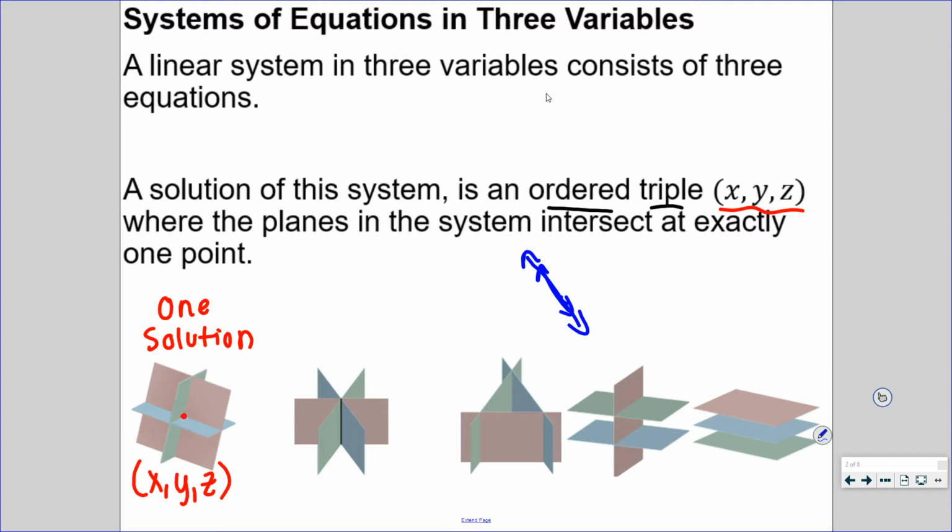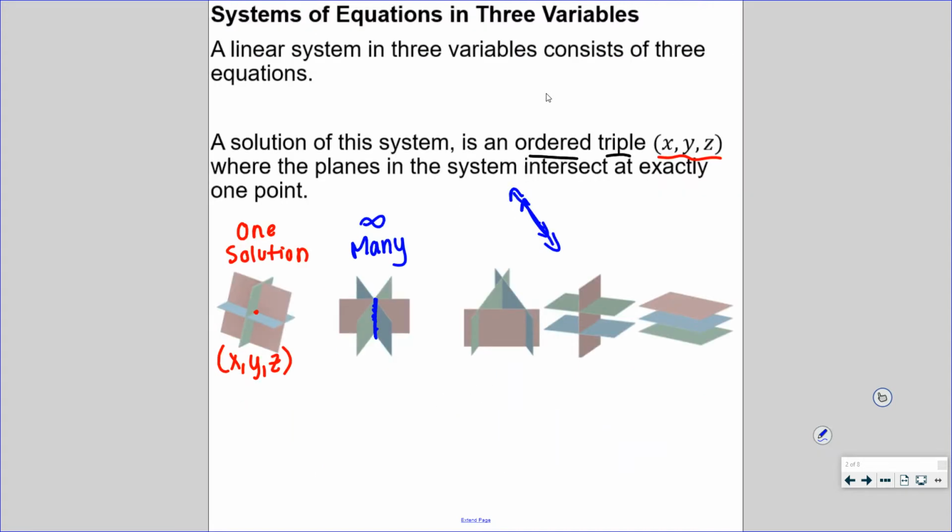Or another way is maybe the three planes intersect in a line. Okay, and you guys know from geometry, when you have two planes that intersect, they always form a line. So I could have three planes that intersect, and I have all these points where the planes intersect. This is infinitely many solutions. If they intersect in a line, or like I said, all three planes could be lying on top of each other.